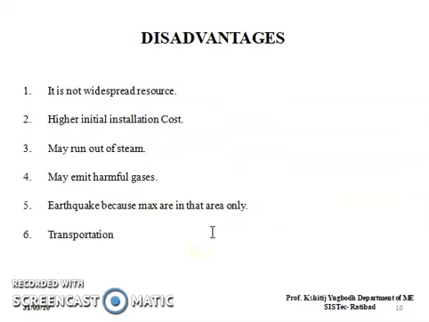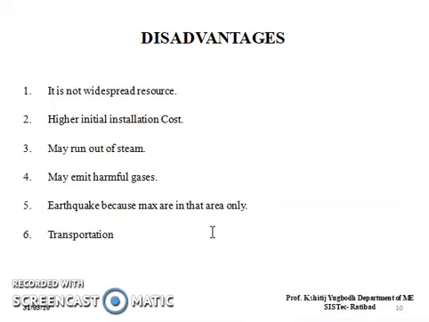The disadvantages. The first disadvantage of this resource is that it is not a widespread resource, because it occurs in some specific locations, like, as I've told earlier, the Ring of Fire in the Pacific, because that area is highly concentrated. In that particular area you will get the maximum number of volcanoes.